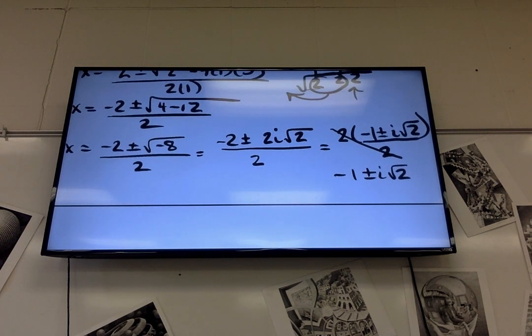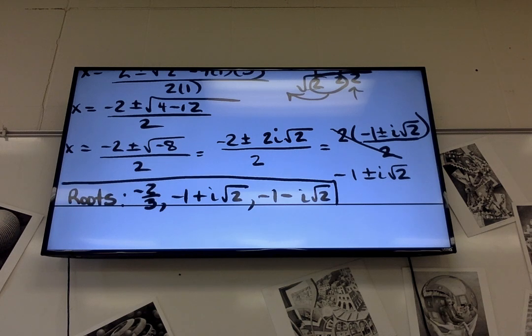Okay, so all of the roots that we found are -2/3, and then -1 plus I times the square root of 2, and -1 minus I times the square root of 2. Now follow the same process and you do number 2. And I want to see the roots you get either as you're going, if you want me to check it, or when you're done.